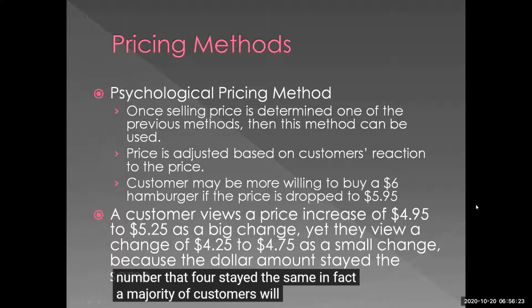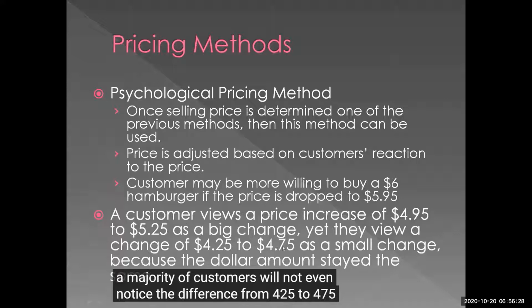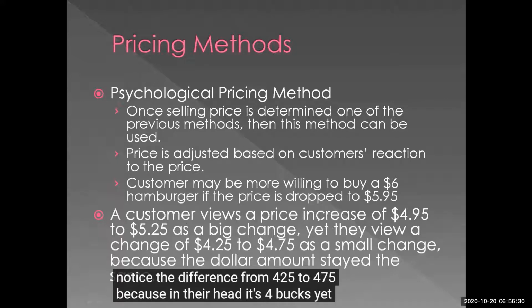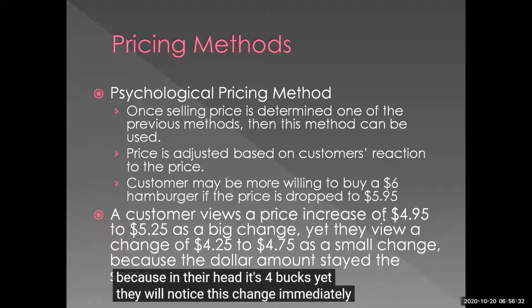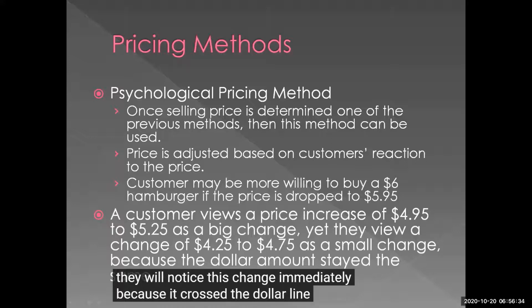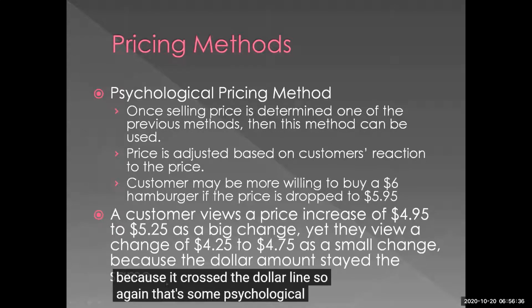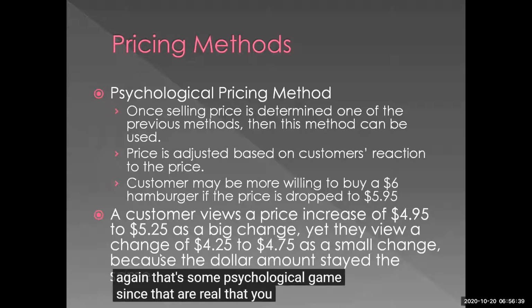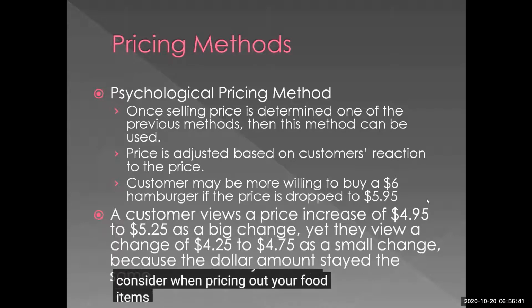In fact, the majority of customers will not even notice the difference from 4.25 to 4.75 because in their head it's $4. Yet they will notice this change immediately because it crossed the dollar line. So again, those are psychological games that are real that you need to consider when pricing out your food items.